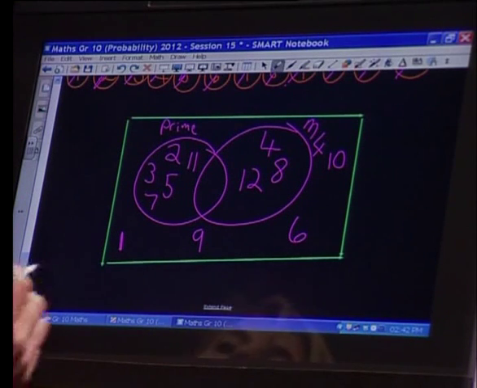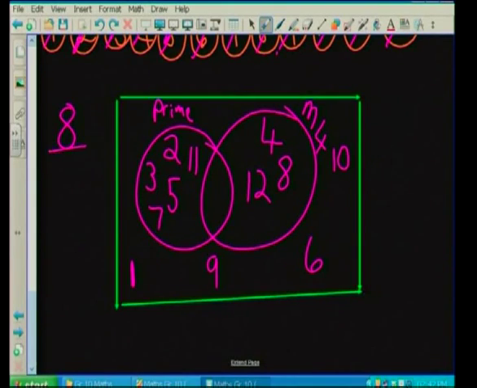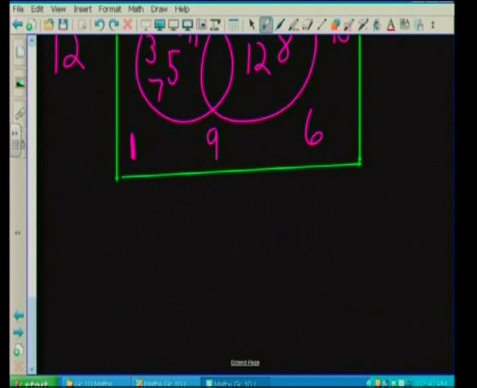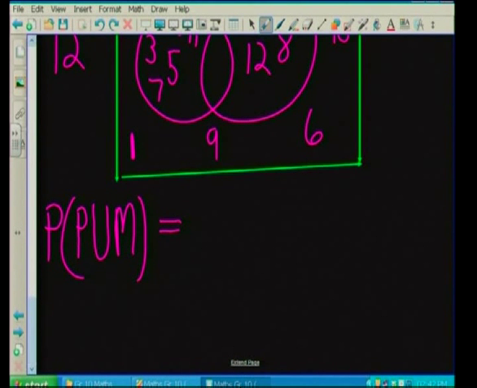So the sample space, prime or multiples of 4, is those 2 entire circles, guys. So I have got 8 out of a possible 12. Okay, so let's write that nicely. We'll say the probability of having prime or multiple is 8 out of 12.